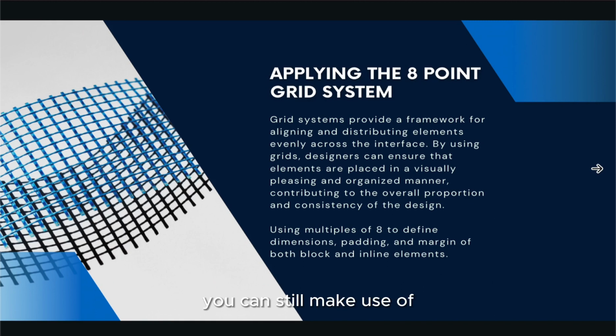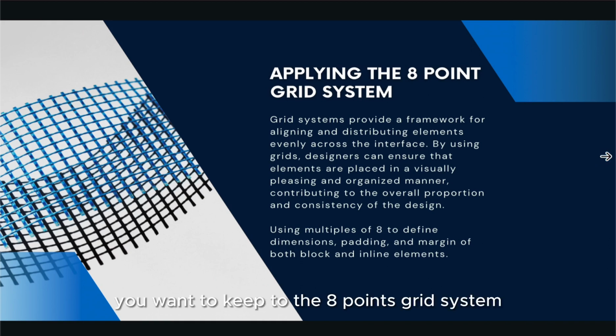You can still make use of font sizes of 10, 12, 14, 18. Those are exceptional font sizes that you can make use of. But for your shapes, for your spaces, you want to keep to the 8-point grid system.